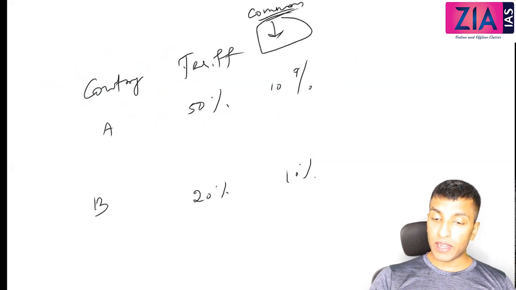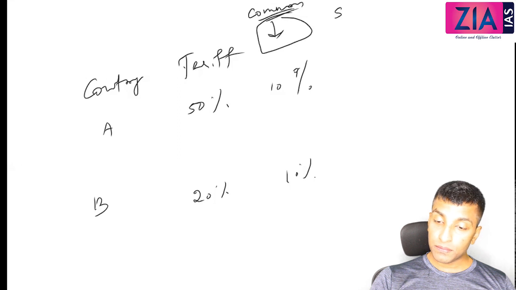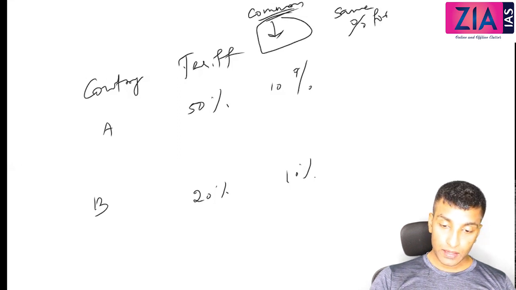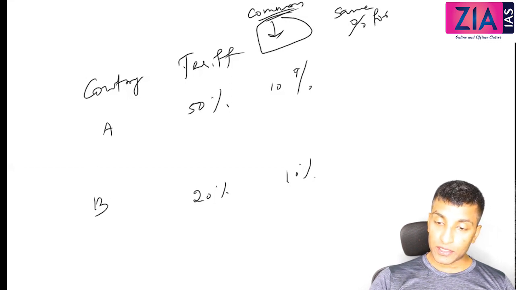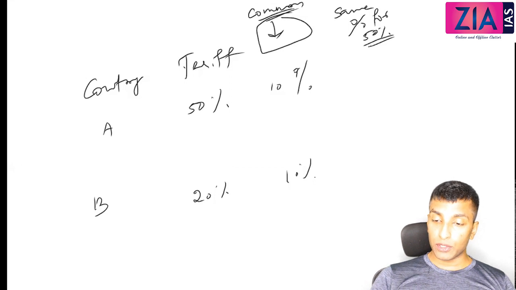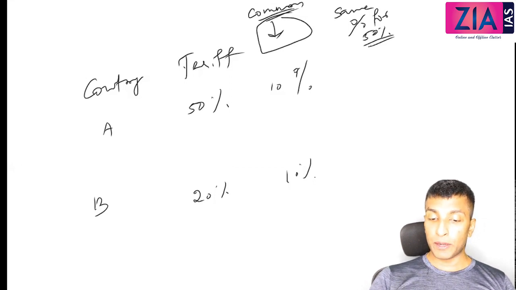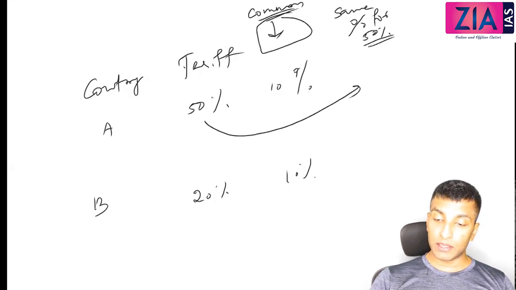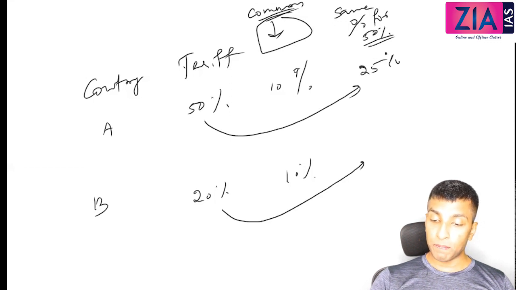Or we can fix the same percentage reduction for both. Let's say 50% reduction, both have to reduce by 50%. Then this 50% will be 25%, and this 20% will be 10%.